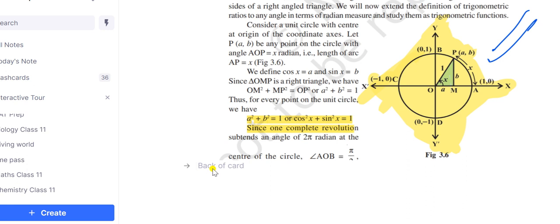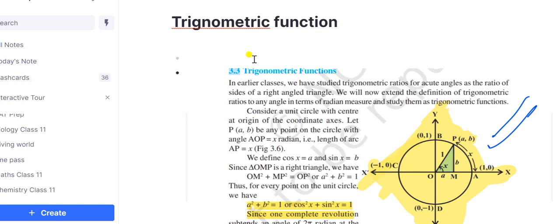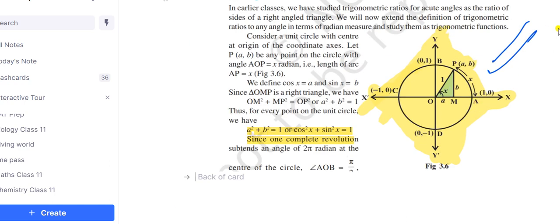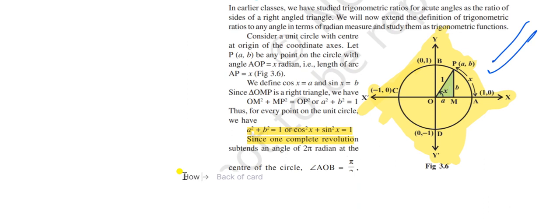So in this, a square plus b square equals 1, so cos square x plus sine square x equals 1. So how do we add that? How are they connected? How will it work for all circles?